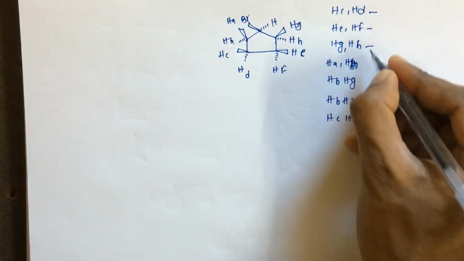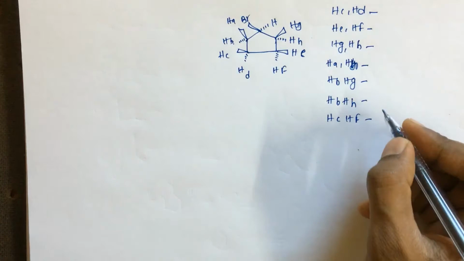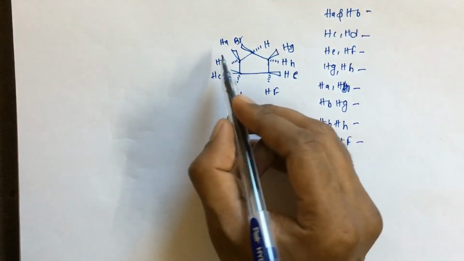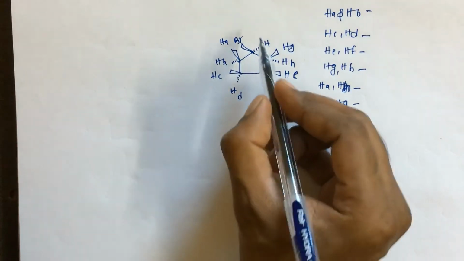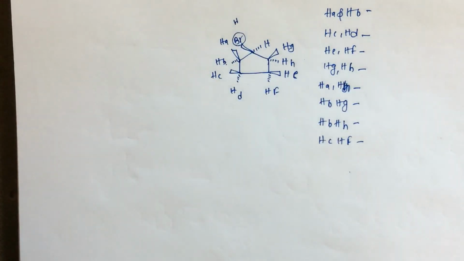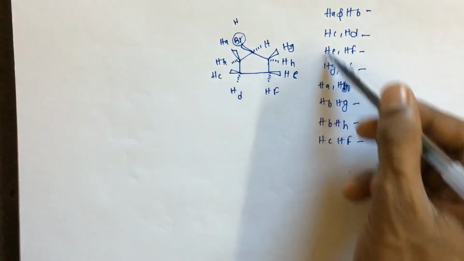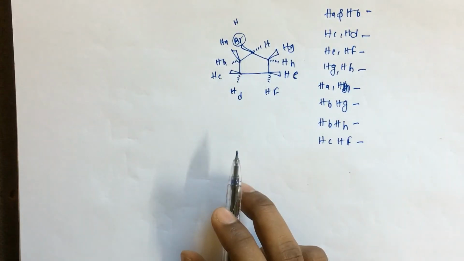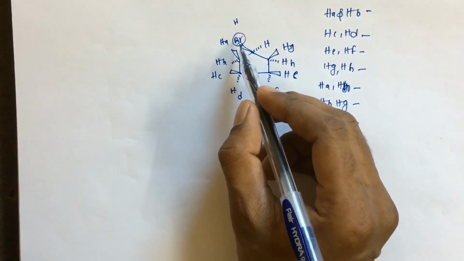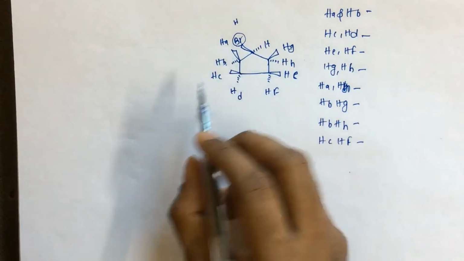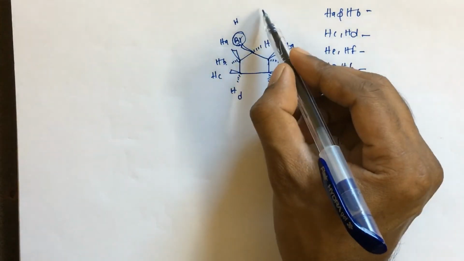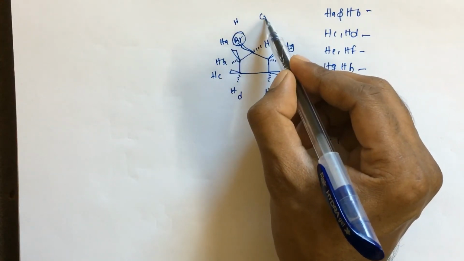So this is very easy. First we'll go for Ha and Hb. If this were hydrogen, then all the hydrogens in this compound would be homotopic. Since this is a bromine, we can't say these are homotopic, because we can't pass a Cn axis.